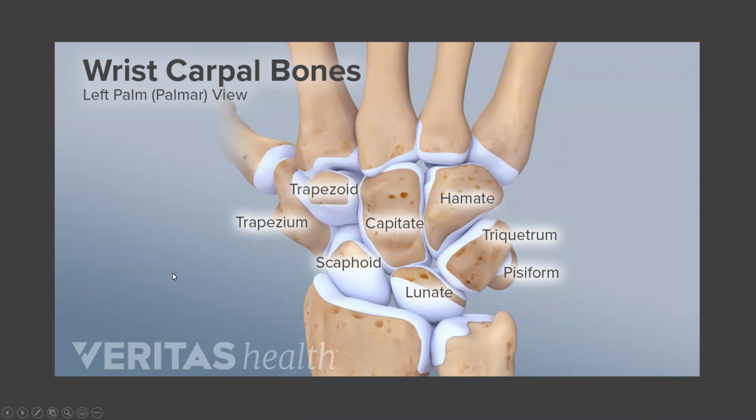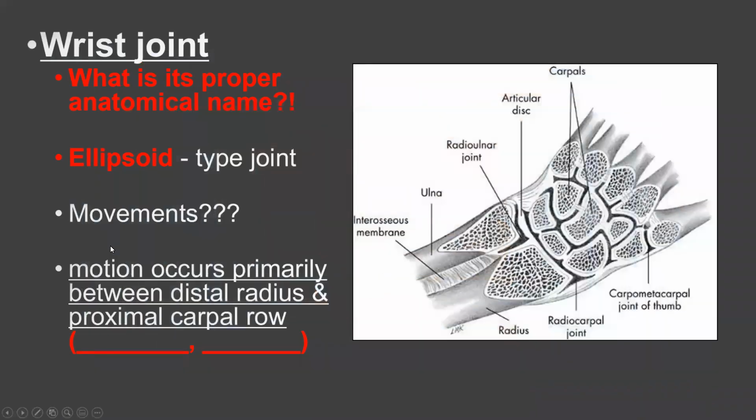So make sure you remember these. You should know the distal radius and ulna. Now, the actual wrist proper is made up of your radiocarpal joint. So the radius and your carpal bones are what makes up the actual wrist itself. Remember, the ulna is fixed, so the ulna is not going to do really much movement at all for the wrist.